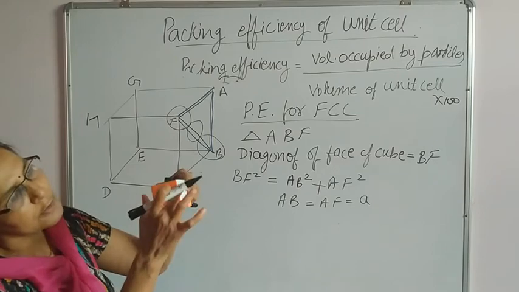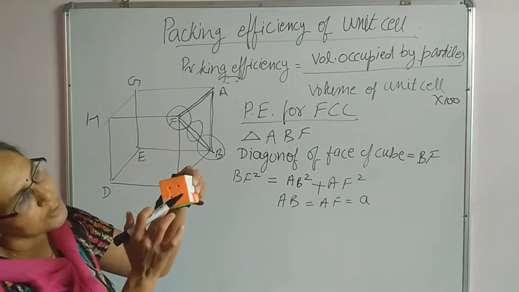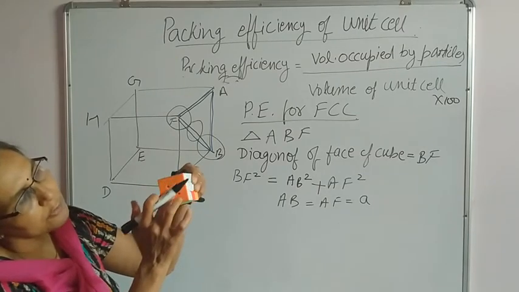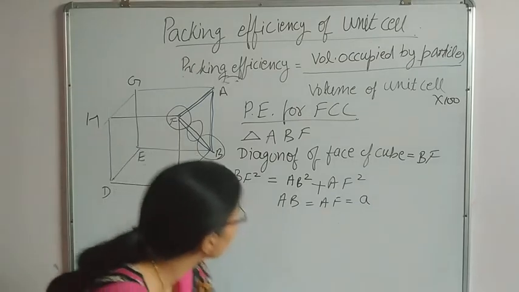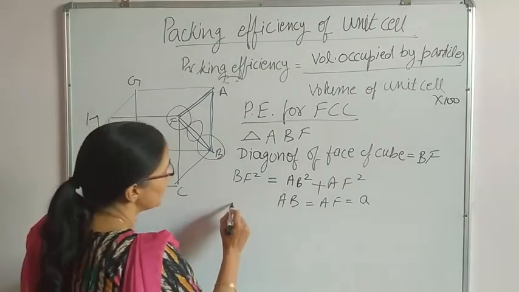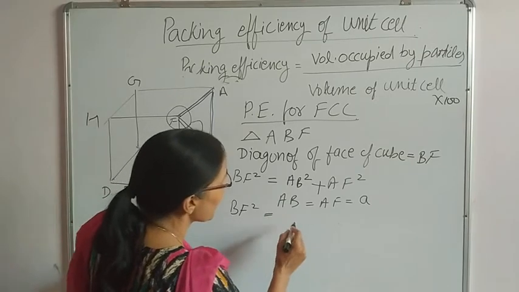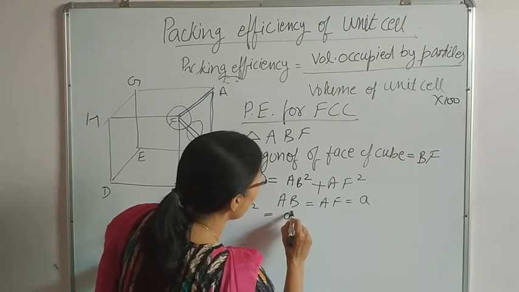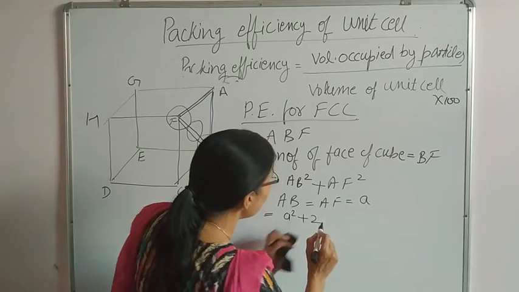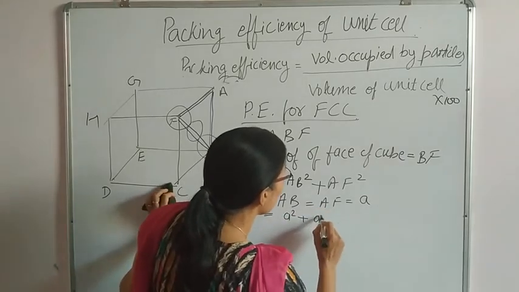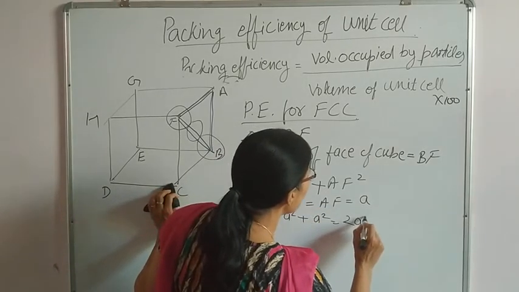So put the values: BF square is equal to a square plus a square, which is 2a square.